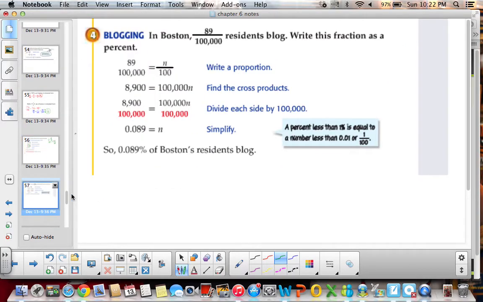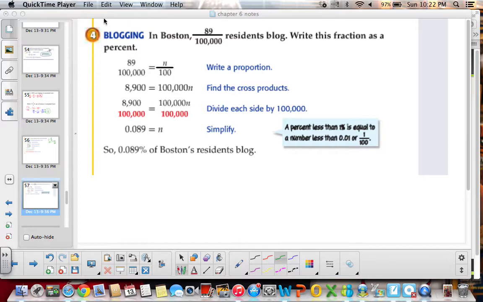So in Boston, 89 over 100,000 residents blog, write this fraction as a percent. So if we have 89 over 100,000, that would be the same as n over 100 because we're trying to figure out what the percent is. So then we cross multiply.